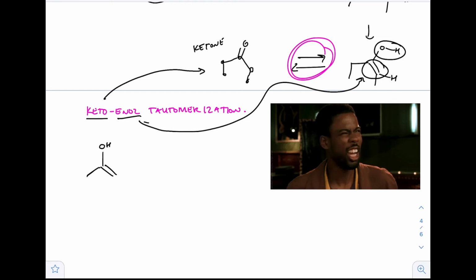I'm going to give you a generic enol. It can actually go via an acid-catalyzed equilibrium or a base-catalyzed one, but in this case it's acid because we have that in the reaction mixture.